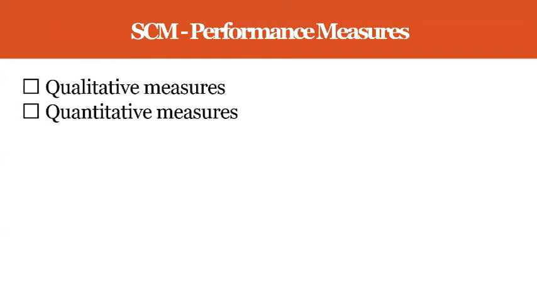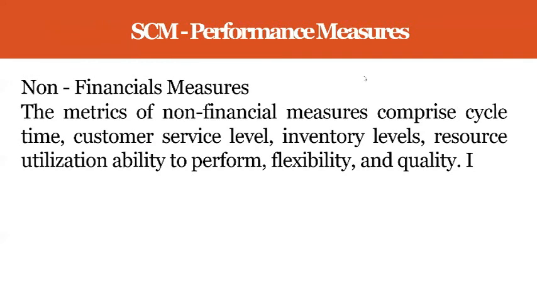While quantitative measures involve the order to delivery lead time, supply chain response time, flexibility, resource utilization, and delivery performance. So those are the two measures of the performance for the SCM.